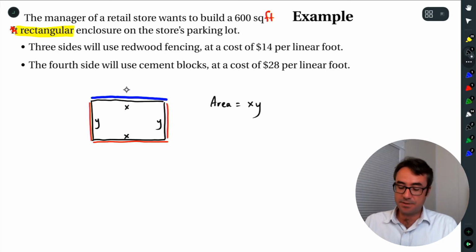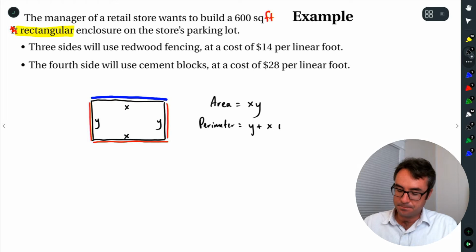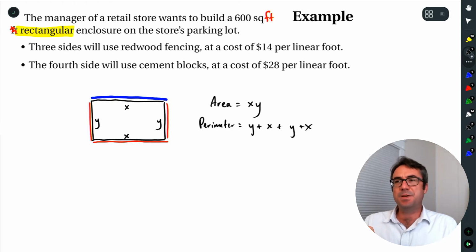We're going to be fencing this thing in. What would be the perimeter? Well, this is where you add up the lengths of all the different sides. So it'd be Y plus X plus Y plus X. But that's probably not quite what we're interested in here, because there's some costs getting thrown around.